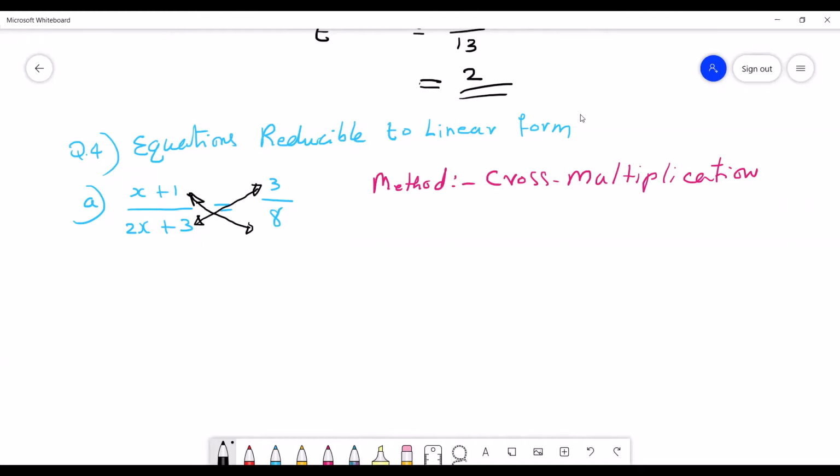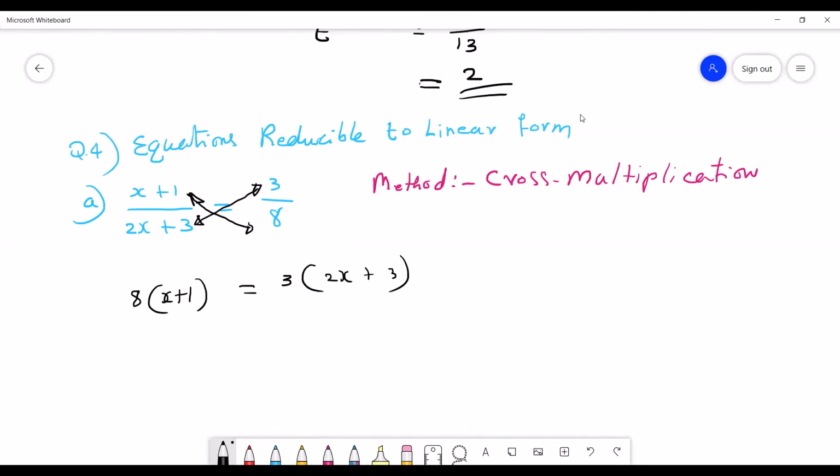So this will become 8 into x plus 1 is equal to 3 into 2x plus 3.